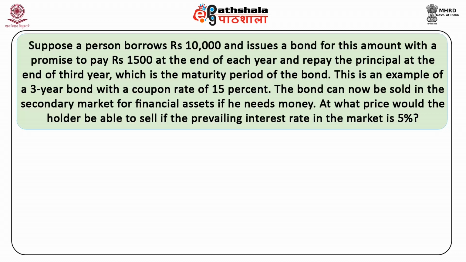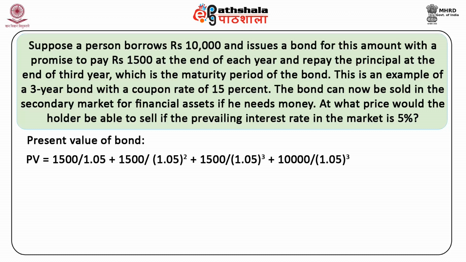The bond can now be sold by the holder in the secondary market for financial assets if he needs money. At what price would the holder be able to sell if the prevailing interest rate in the market is 5%? This is determined by the present value of the bond, which is simply the discounted value of the future streams of income.